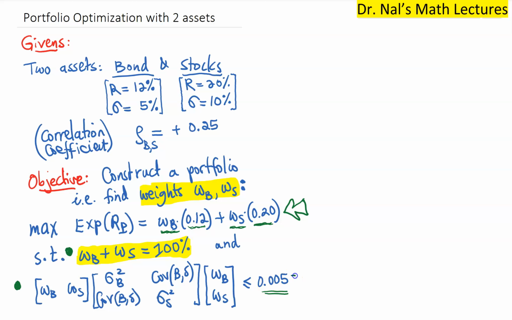And by the way, this is just equal to 1/200 if you want to work with fractions. And indeed, we can convert each of these numbers into fractions as well. So given these two constraints, what are the weights? What is the proportion of the portfolio that should be invested in bonds and stocks that will maximize our objective function, namely the expected return of the portfolio?